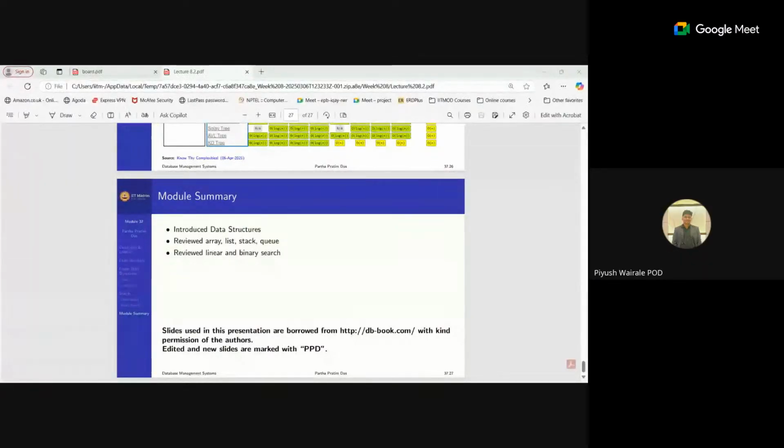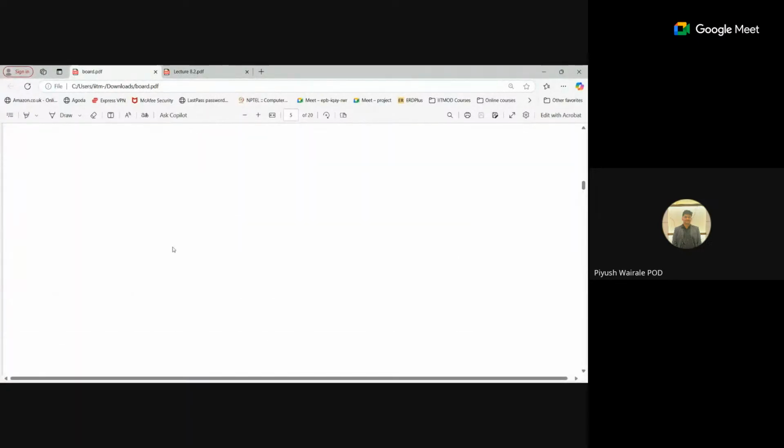Great. So tell me, what do you understand by linear search? How many of you have done the PDSA course? No one. Okay, no worries. Suppose we are storing data in the form of an array.